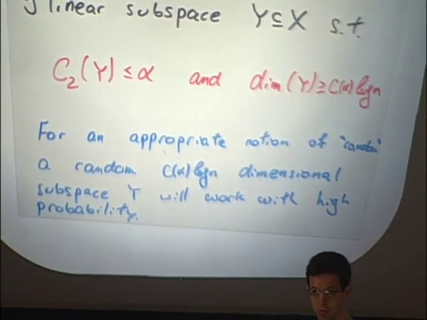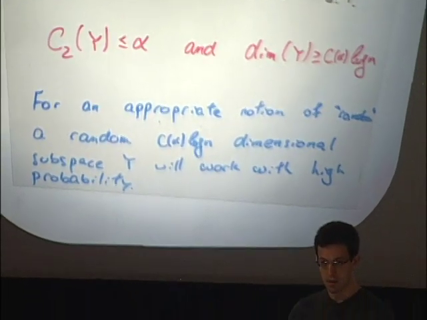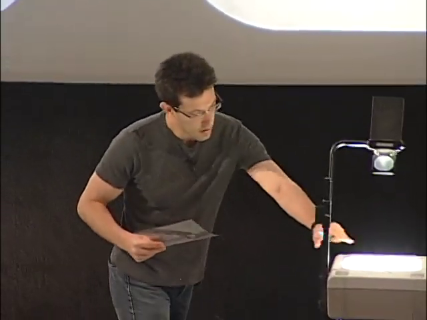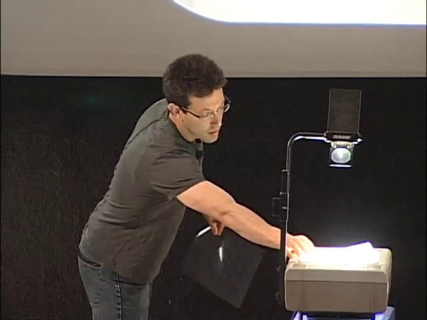You come up with a special inner product depending on your normed space, and then random will be just uniformly random according to the measure on k-dimensional subspaces induced by this Euclidean structure. And then you show that if you choose your randomness correctly, then really a random subspace Y will work with high probability.